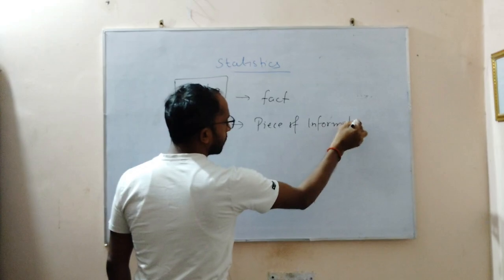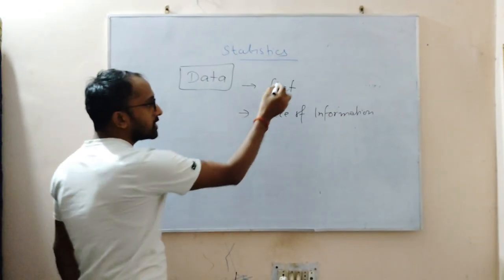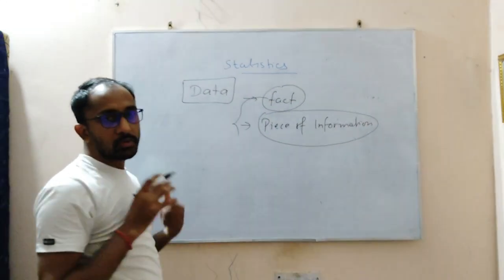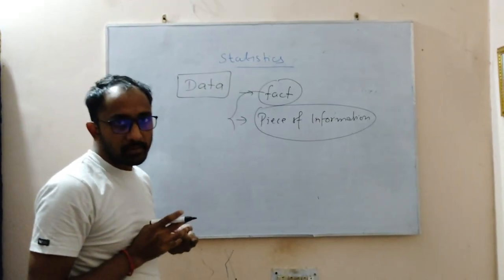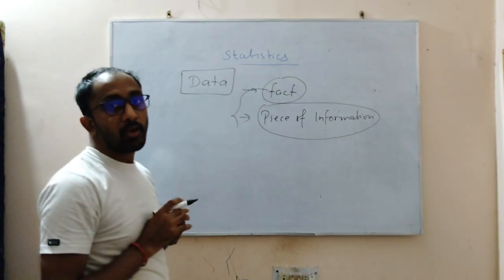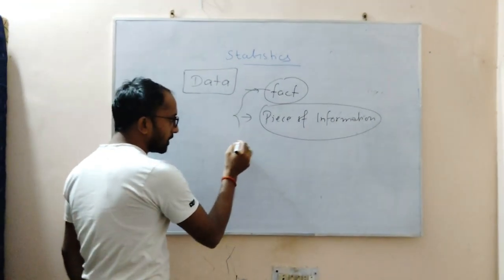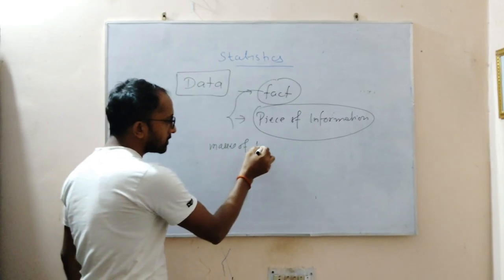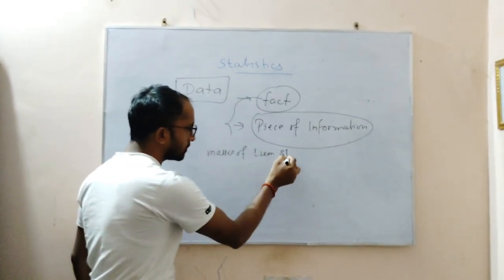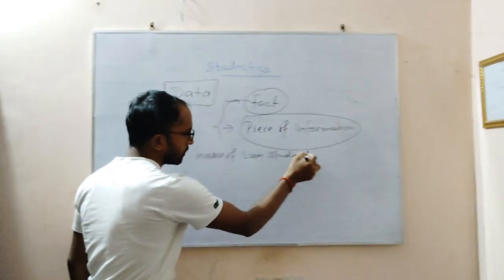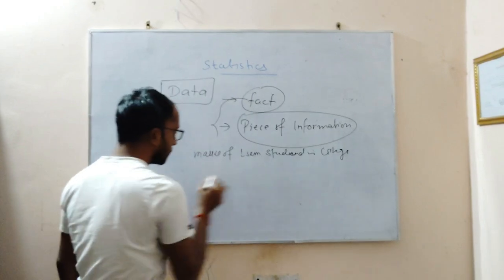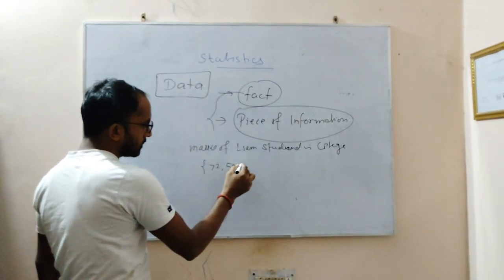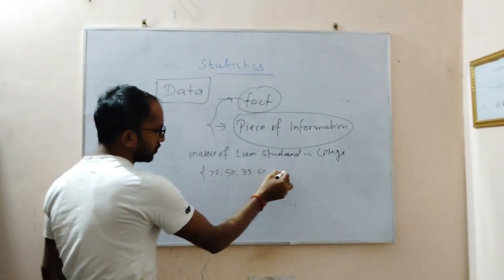It is a fact, a piece of information, but both must be measurable, in numerical form, just like marks of a first semester student in college, for example 72, 50, 39, 60, and so on.